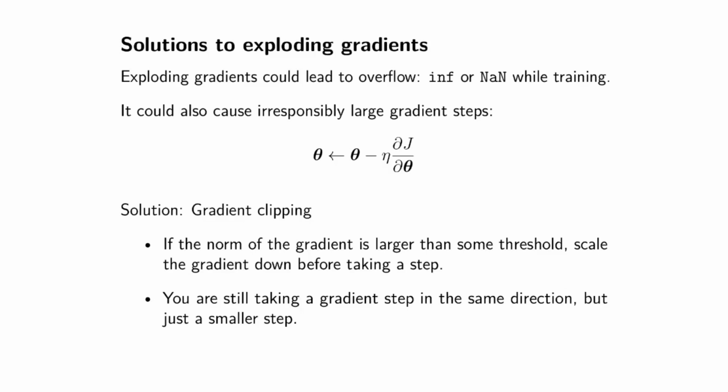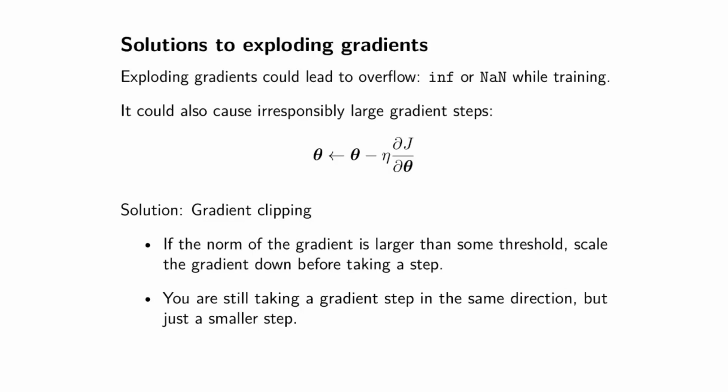Even if it doesn't overflow, even if you're still managing to train things and it's not exploding massively, you might still run into issues, because by having very, very large gradients, you're in effect taking very, very big steps in your parameter space.